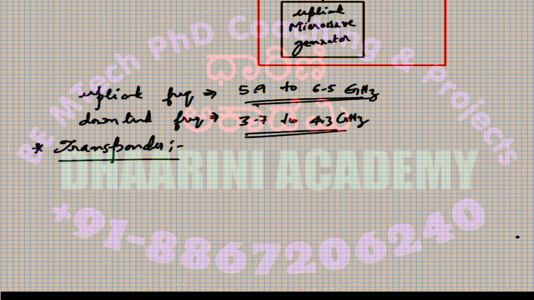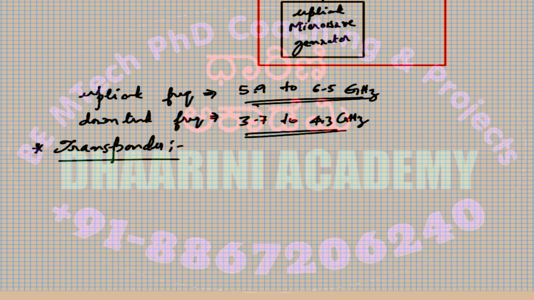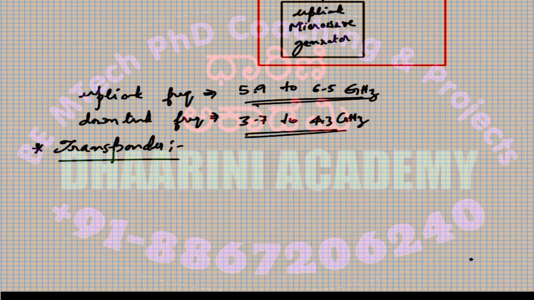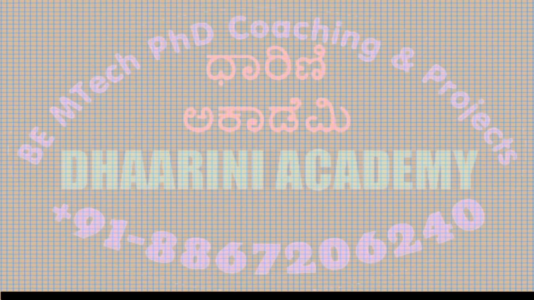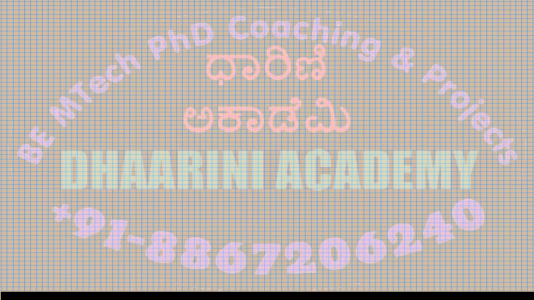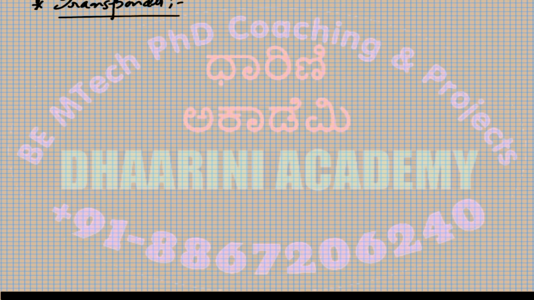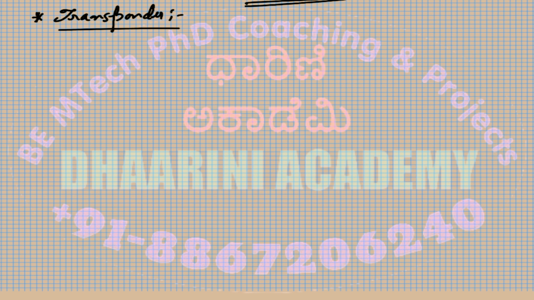Only the frequency. You are translating the signal's frequency from the uplink frequency to the downlink frequency. This job it has to do. So we understood the requirement. Let's move to the diagram of a transponder.